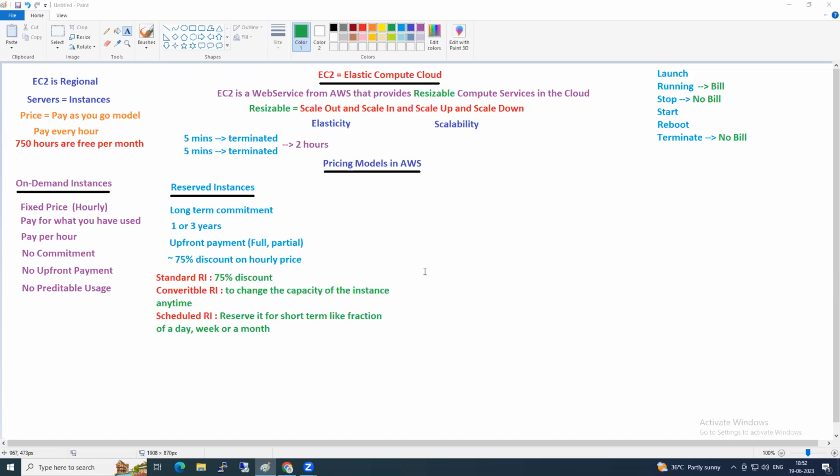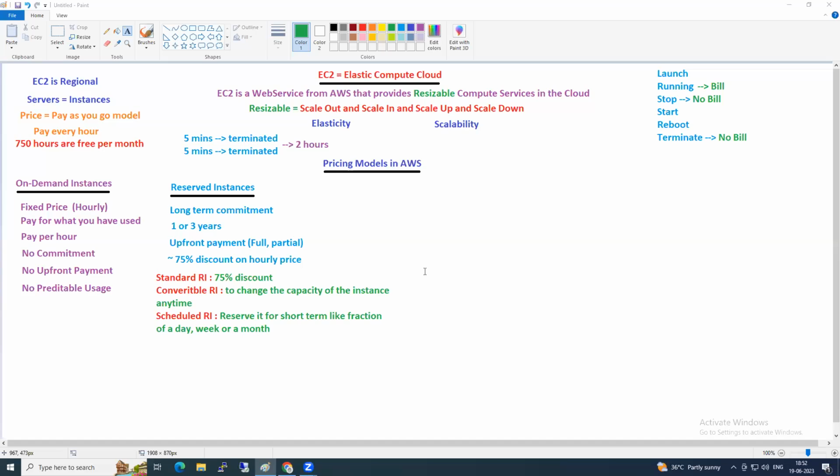What can Shashi do? He can convert these on-demand instances to reserve instances. If you're paying $10,000, you'll get a huge discount, 75% for all of it. The cost will be reduced drastically, no?